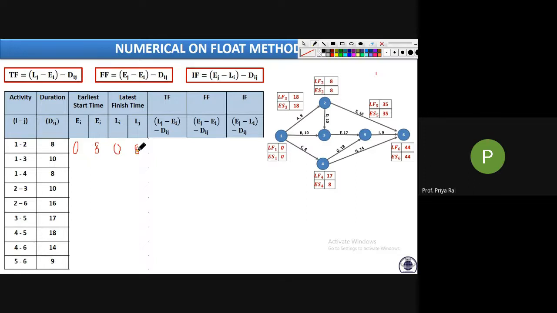I'm only solving 2 columns for you. This is your 0, this is 18, this is 0, this is 18. So try to solve and fill all these columns, everyone, and tell me when it is done.